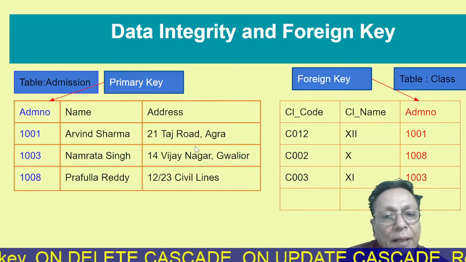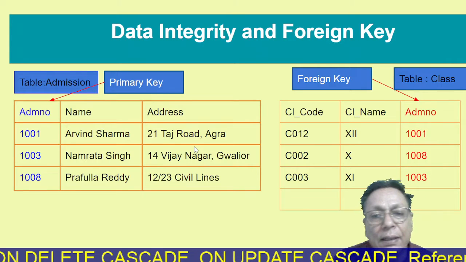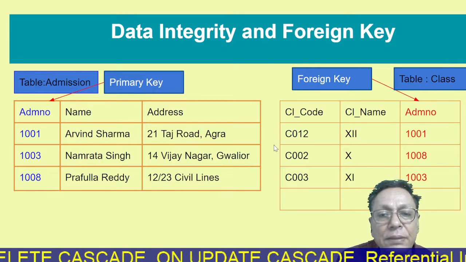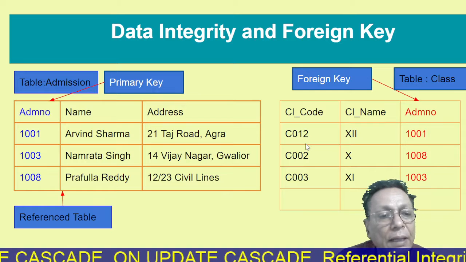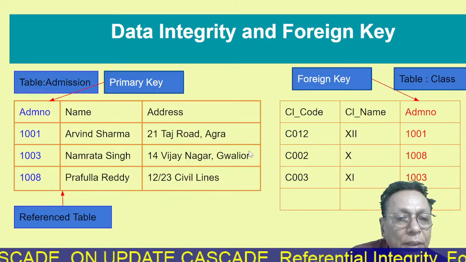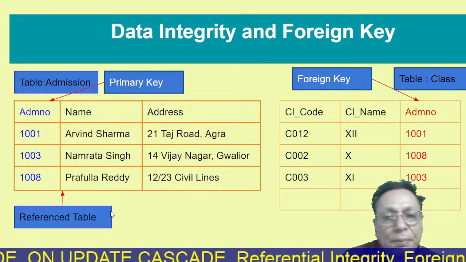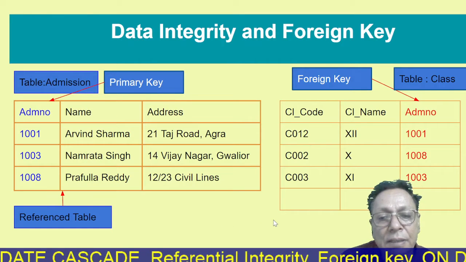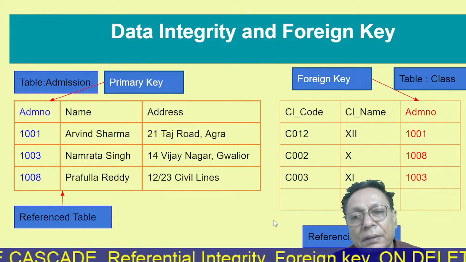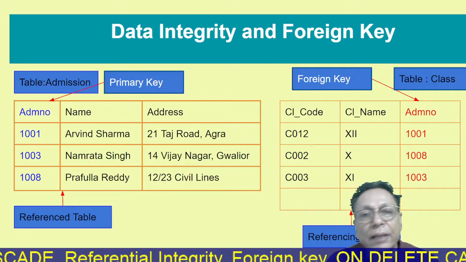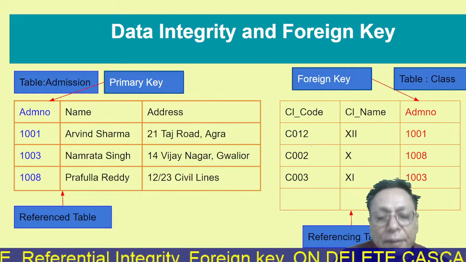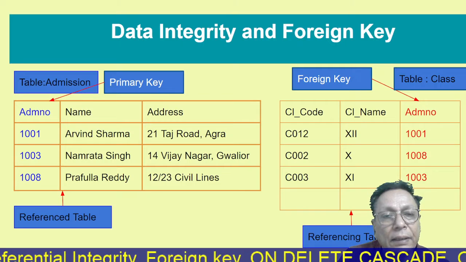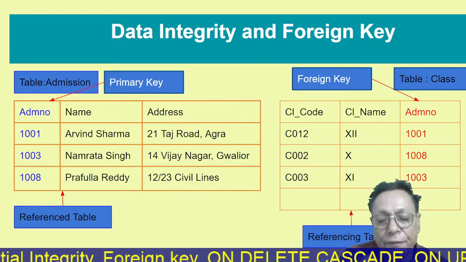That is why this is known as the parent key, parent table, and this is called the child table. In other words, this is also known as the reference table, and the child table is known as the referencing table. So here this is the foreign key, and data integrity is maintained through the foreign key.